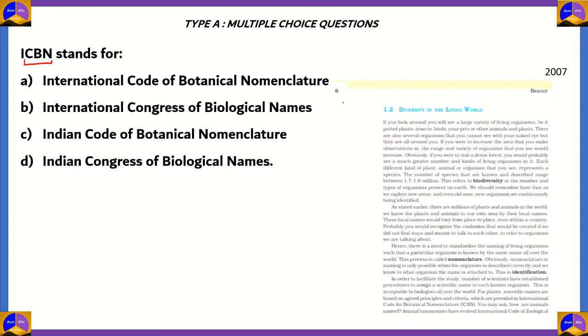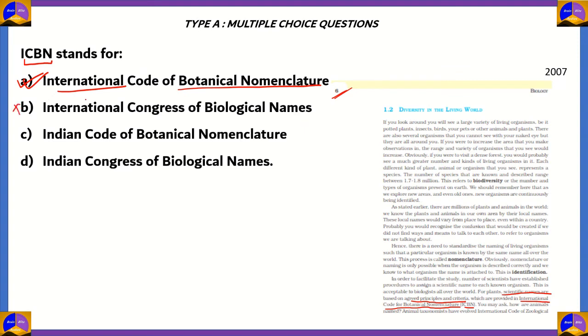In our textbook, in page number 6, we find that it's mentioned for plants, scientific names are based on agreed principles and criteria, which are provided in the International Code for Botanical Nomenclature, and in the bracket it's given ICBN. So therefore, the most appropriate option for this question is option A, the International Code of Botanical Nomenclature. The Congress of Biological Names is incorrect.